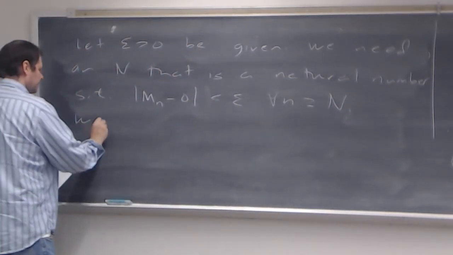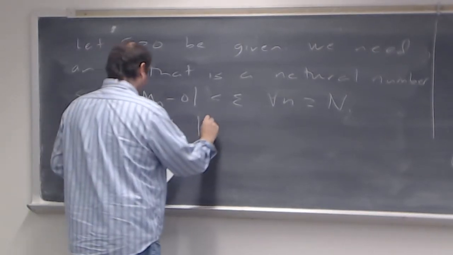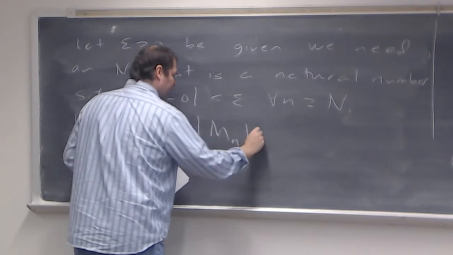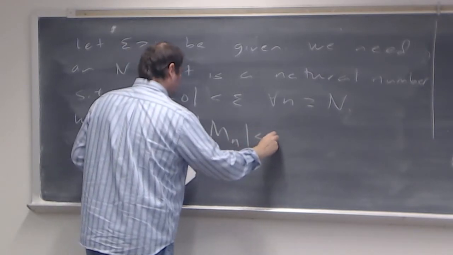So what we want: the absolute value of m sub n minus 0, that's just m sub n. We want that to be less than epsilon.